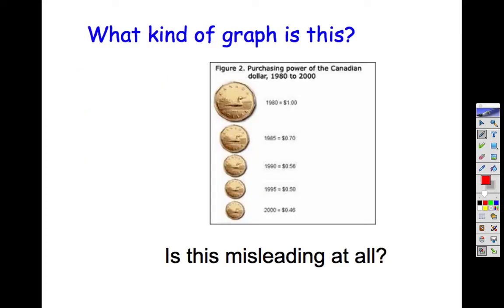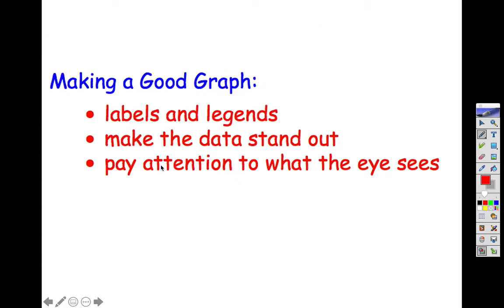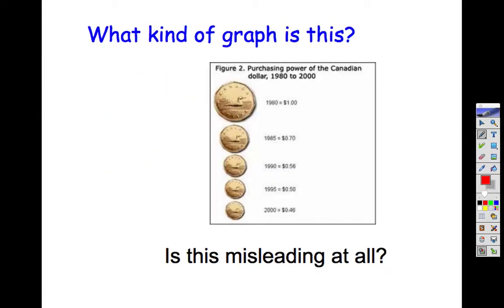Leading off that, pay attention to what the eye sees, I start with this graph. What kind of graph is this? Well, it's a pictogram. This is saying, what is the purchase power of the Canadian dollar? Meaning, how much is the Canadian dollar? In Canada, a dollar is a gold coin like this.